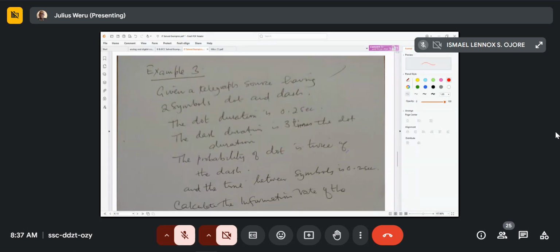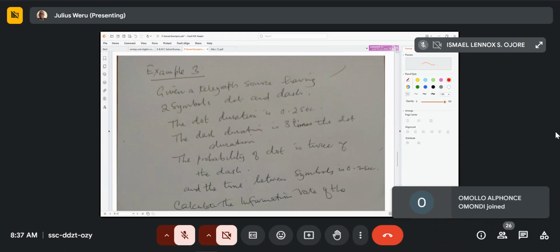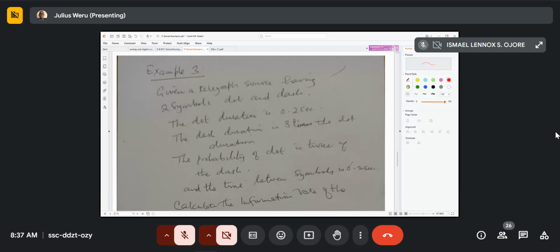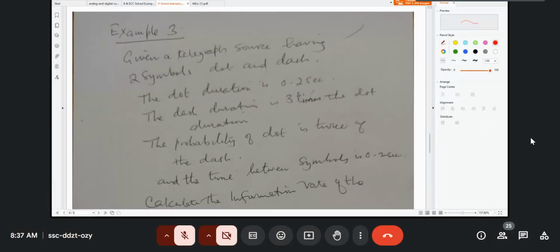You're given a telegraph source having two symbols, a dot and a dash. Basically, the original Morse code. The dot duration is 0.2 seconds.